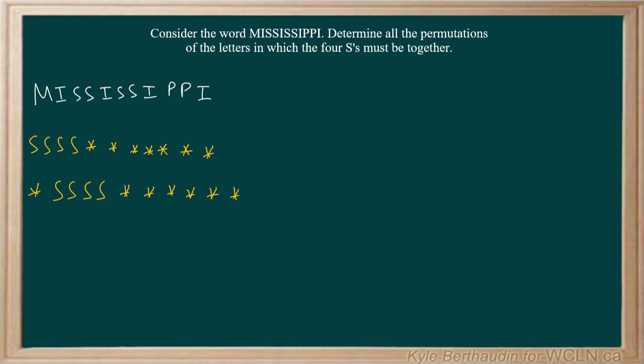And we could repeat this pattern, putting the S's one location to the right in the word until we end up with the case where we have all 7 of the letters first, and then the 4 S's at the very end. This means that there are 8 different places where we could put the 4 S's. Now, we'll come back to this in a little bit.